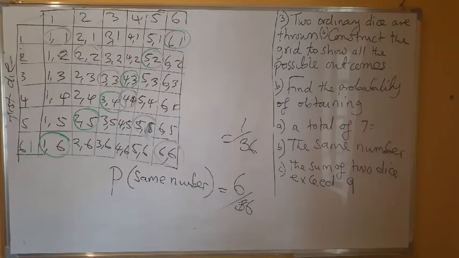Then the last one is the sum of the two dice exceeds 9. When we add those two numbers, they should exceed 9.